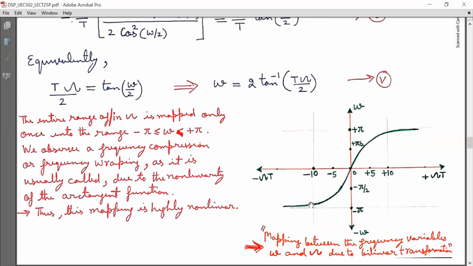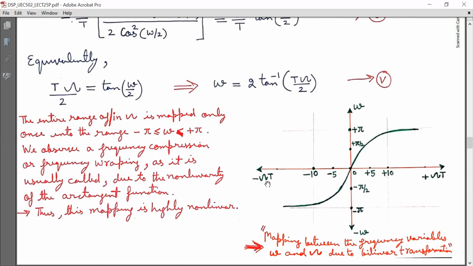But the point is that the entire range of capital omega, that is continuous time angular frequency, is mapped only once, look at this, only once into the range small omega lying between minus pi to pi.